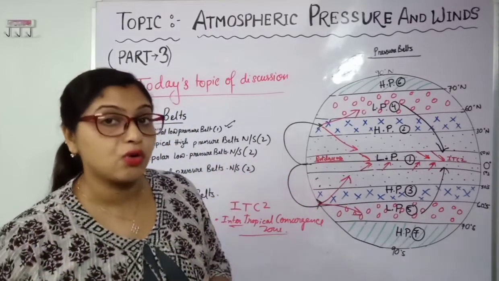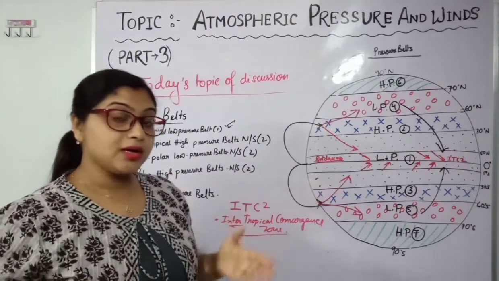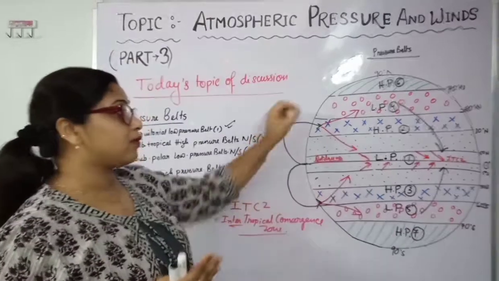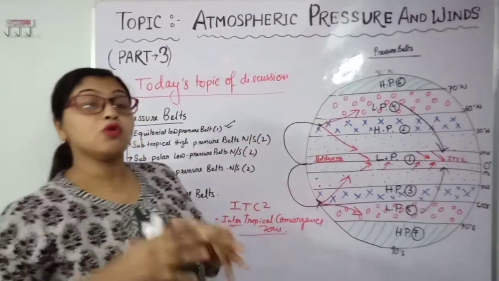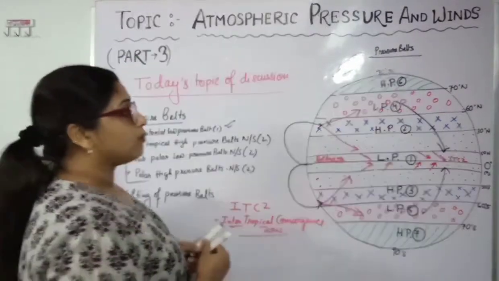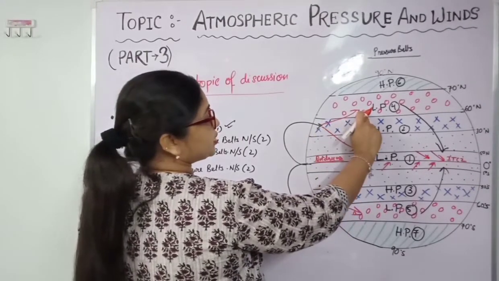to 70 degree north and south latitudinal extension, because here, due to rotation, centrifugal force is forming, and this centrifugal force helps move outside the wind which is coming from the high pressure zone towards the low pressure.